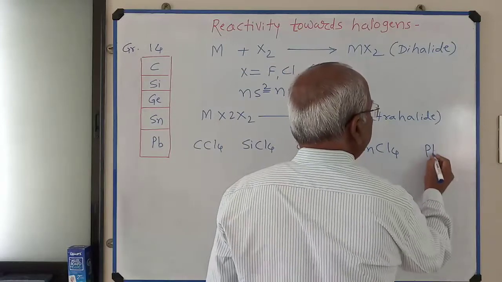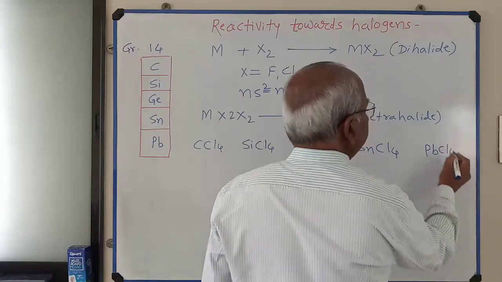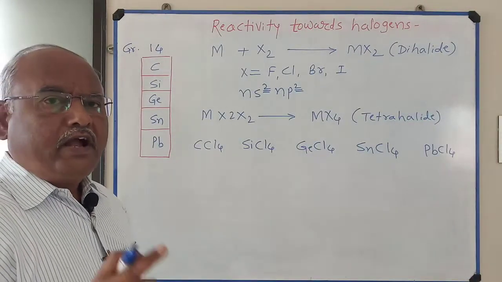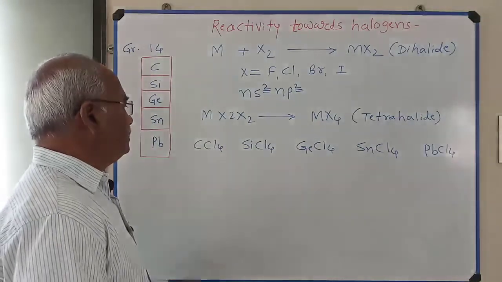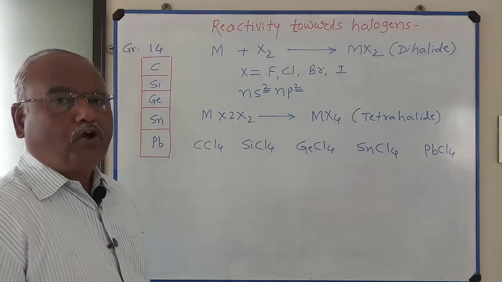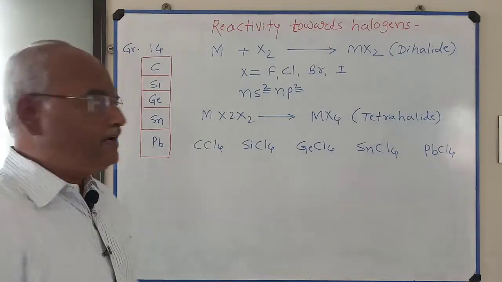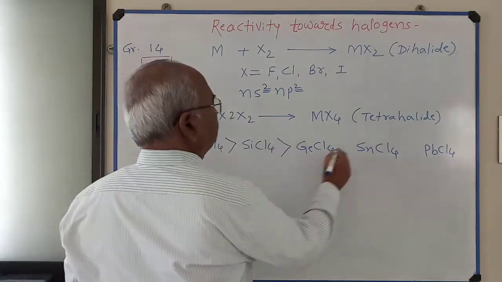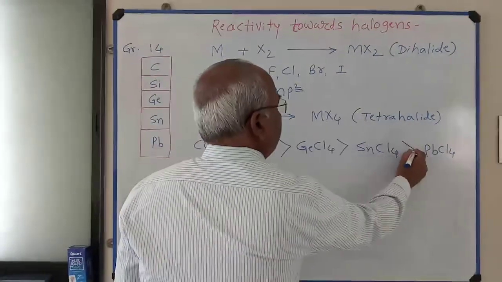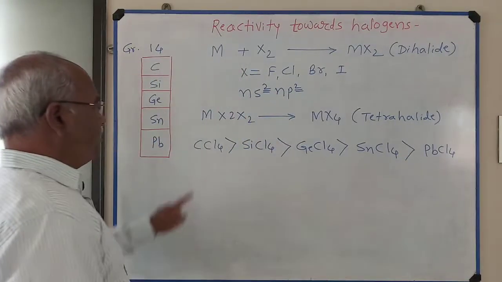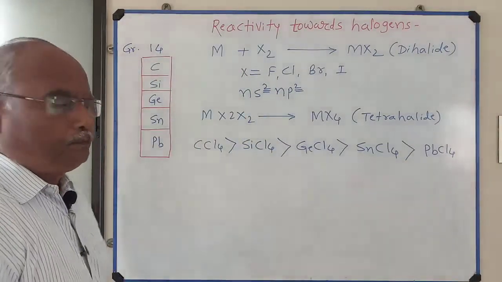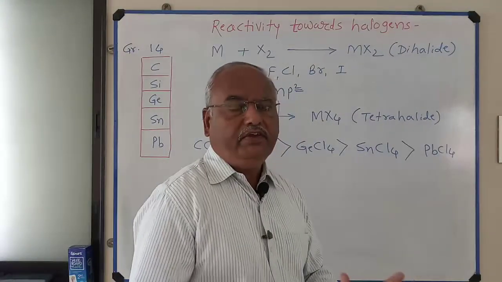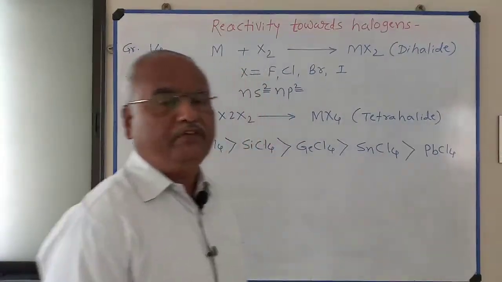Lead forms lead tetrachloride. Try to understand the stability of these tetrachlorides decreases in this order. Carbon tetrachloride is more stable and lead tetrachloride is least stable.